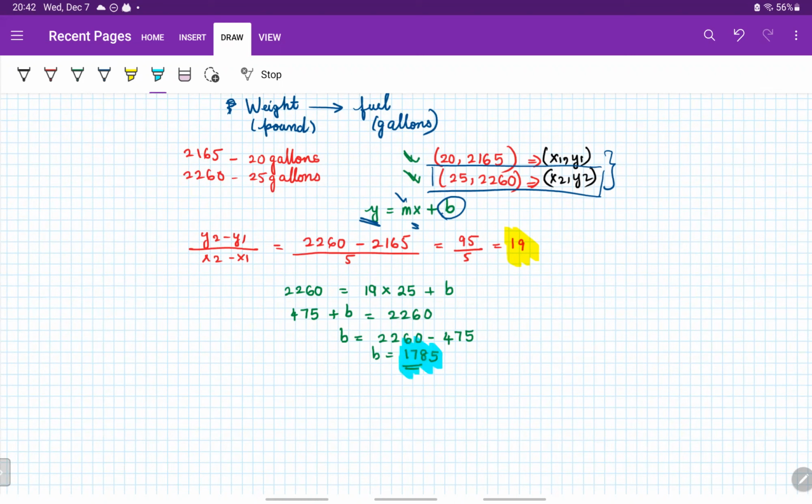So what this b means is that if there is no fuel at all, the plane would weigh 1785 pounds. And for each gallon of fuel that you keep filling the plane with, the weight keeps increasing by 19 pounds. So per gallon, the weight increases 19 pounds, and without any fuel, the plane weighs 1785 pounds.